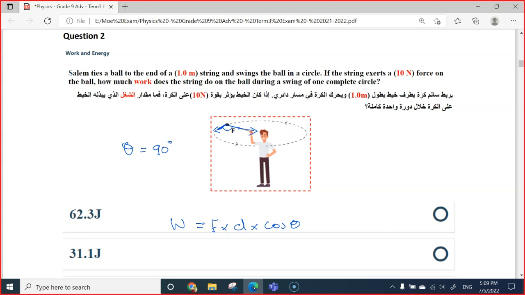If you rotate an object using a string like this, then the angle between direction of force and direction of displacement will be 90 degree, and the value of cos 90 is equal to 0. As cos 90 is 0, this equation becomes 0, or the work done becomes equal to 0.